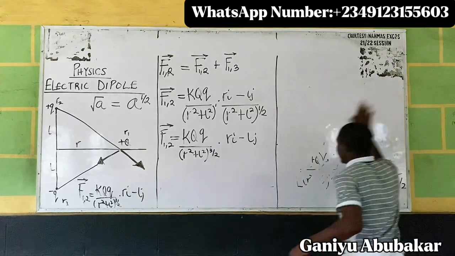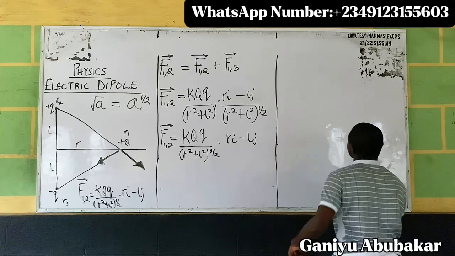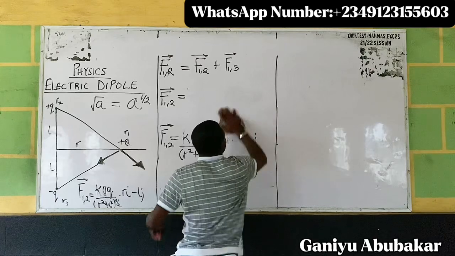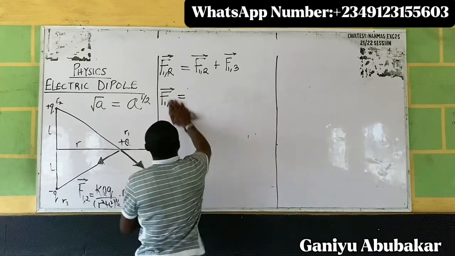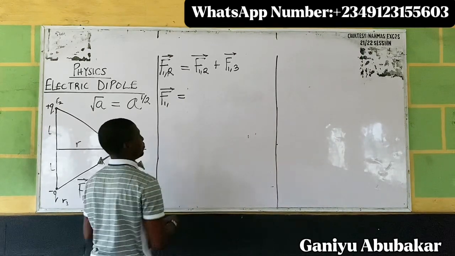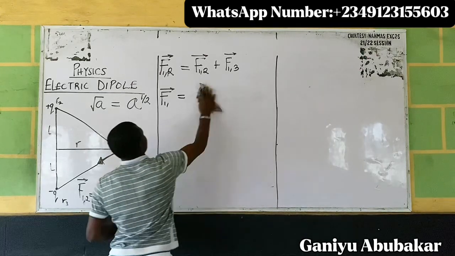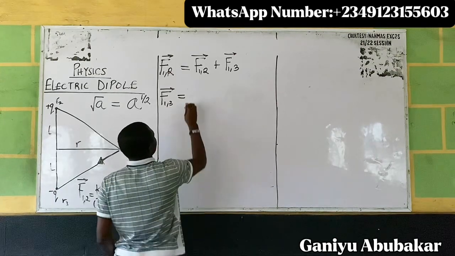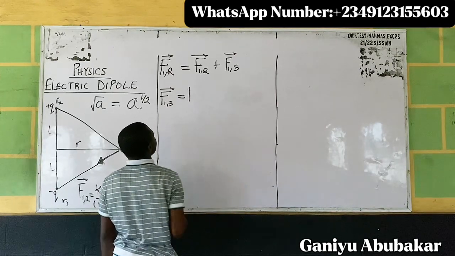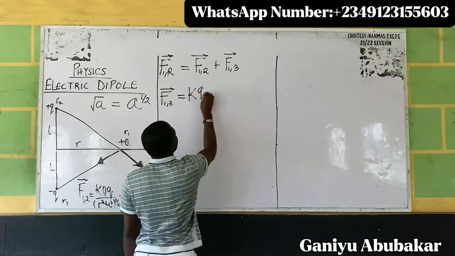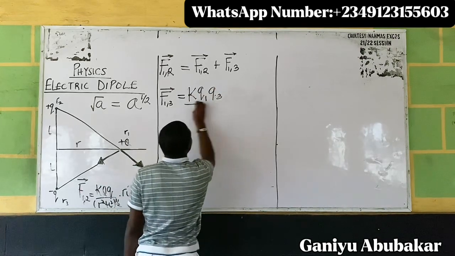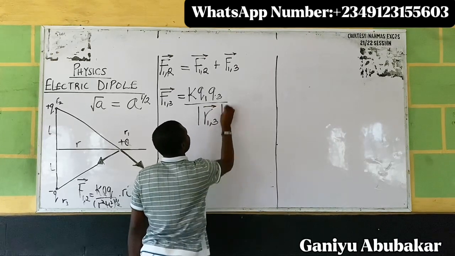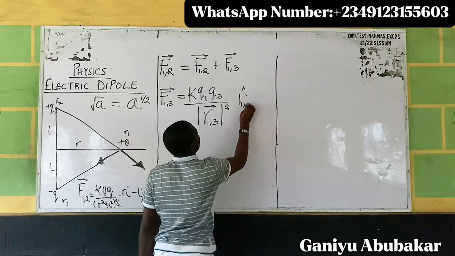Let's get f13. So f13 is equal to kq1q3 all over the magnitude of r13 all squared dot unit vector of r13.